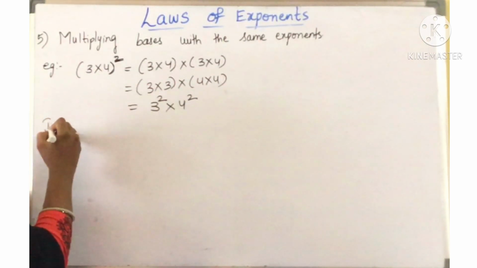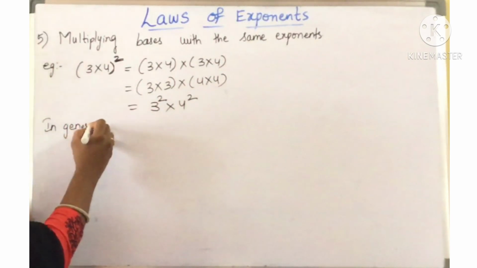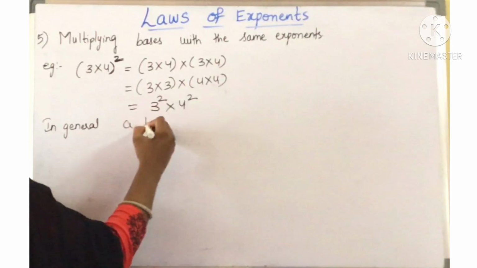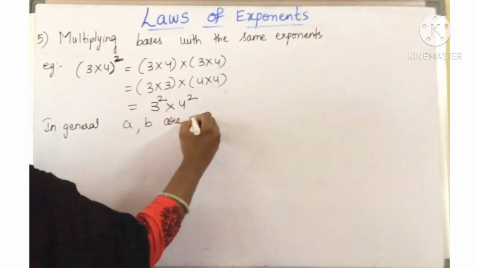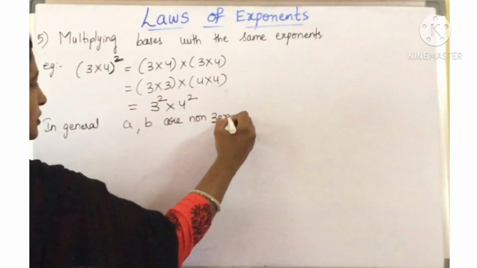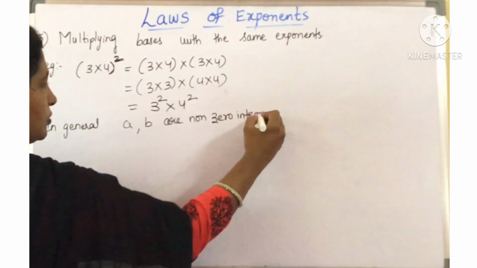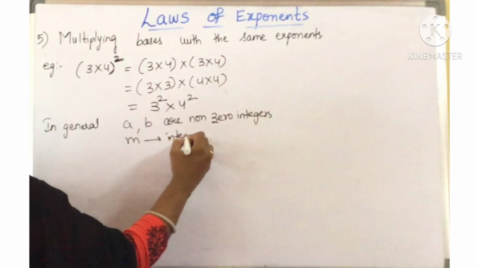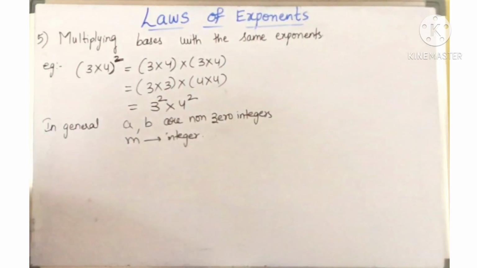Okay. So in general, here there are two bases. If A and B are non-zero integers and M is an integer, here the power is the same. So how do you write it in general?